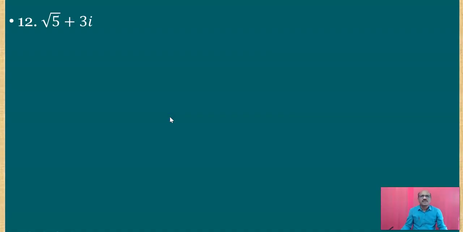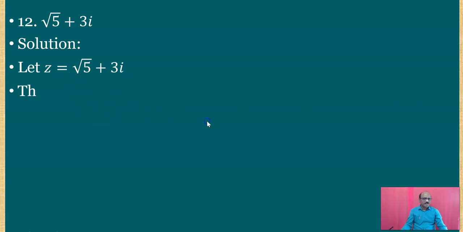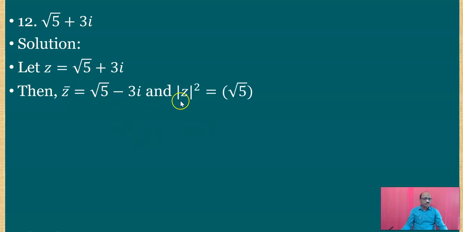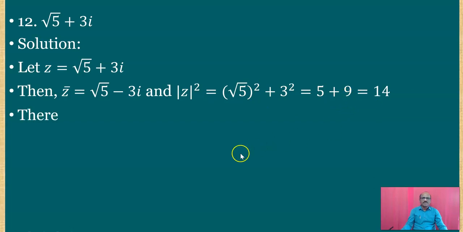Next example, root 5 plus 3i. The solution is, let z be equal to root 5 plus 3i. Therefore, the z bar is equal to root 5 minus 3i. It's a conjugate, and mod of z square is equal to root 5 square plus 3 square, 5 plus 9, that is equal to 14.